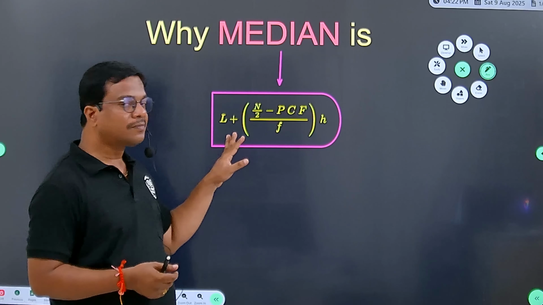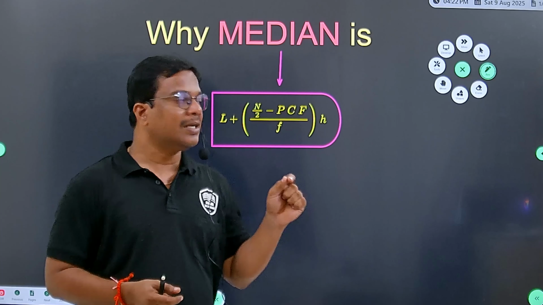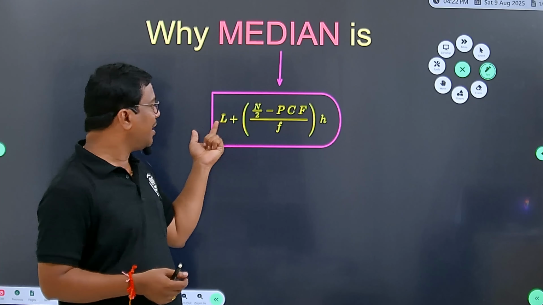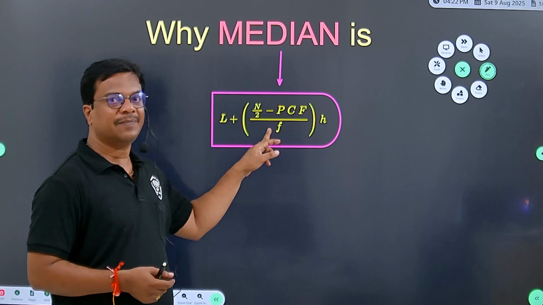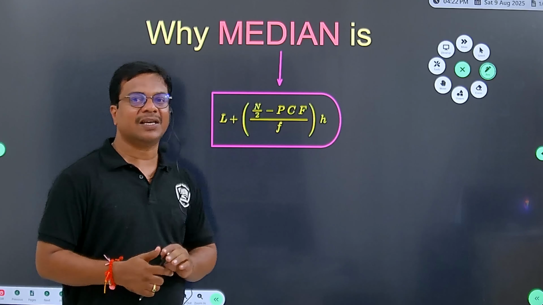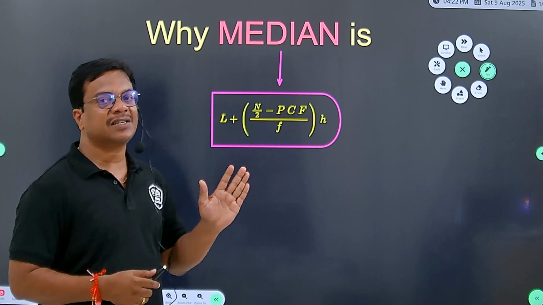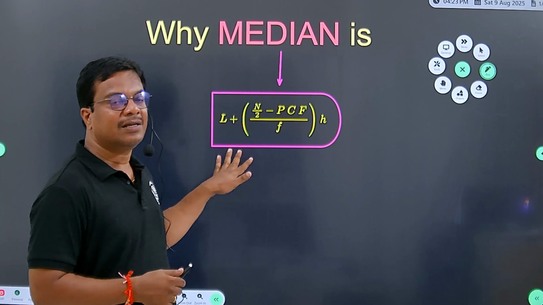Next, after finding the median class, you can easily write the values of lower limit, width of the interval and their corresponding frequency. Already n by 2 is calculated. Next, PCF here is the preceding cumulative frequency of the median class. So this is the reason behind the formula.